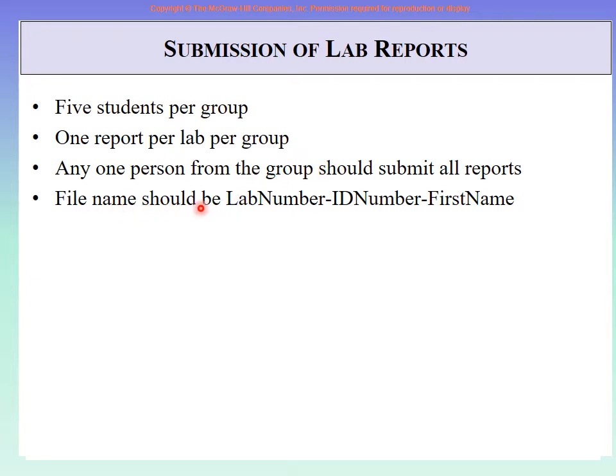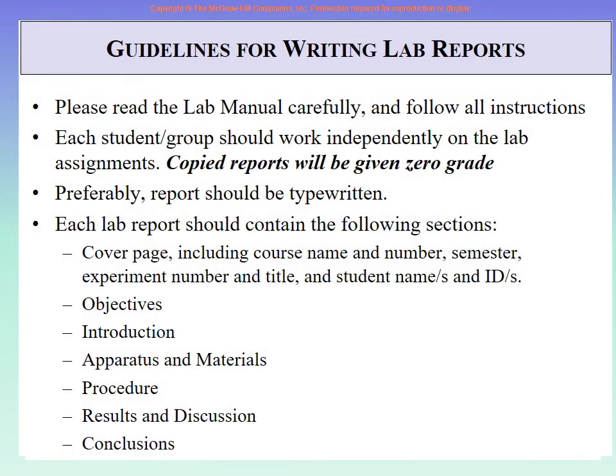And the file name should have the lab number, lab 1, lab 2, lab 3, lab 4, the ID number and the first name of any one team member, so that I can know whose lab reports these are. I remember sometimes people submit it and you think you are saying lab 1, but you see there are 15 groups who are doing lab 1. So unless you have your ID number or first name there, at least of one person in the group, I would not know what it is, and it is to be submitted through the Moodle, of course.